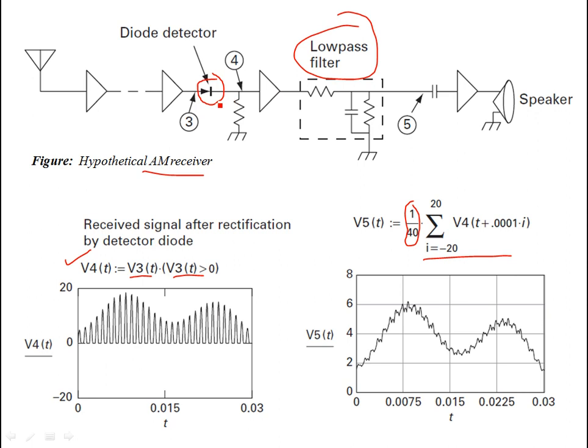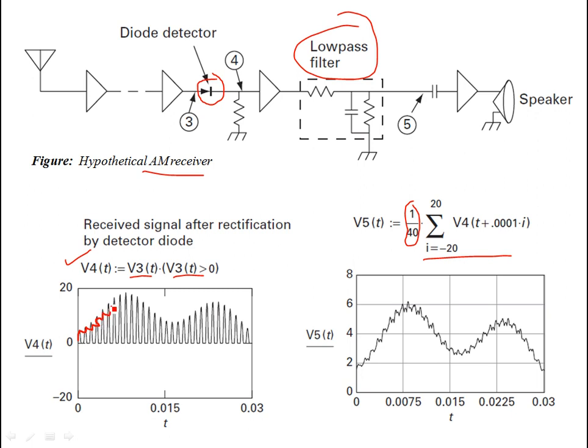Since the diode is conducting in the positive half cycle, letting through the positive half cycle, and when the negative comes the diode is open circuited, the capacitor is charged up in the positive half cycle, then it discharges, then charges up again, then discharges.